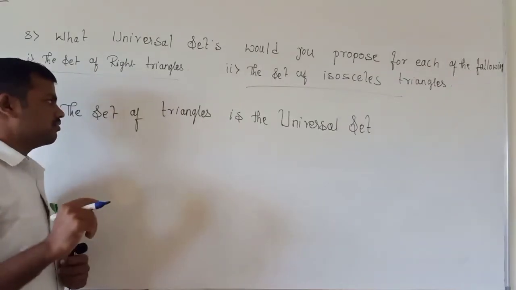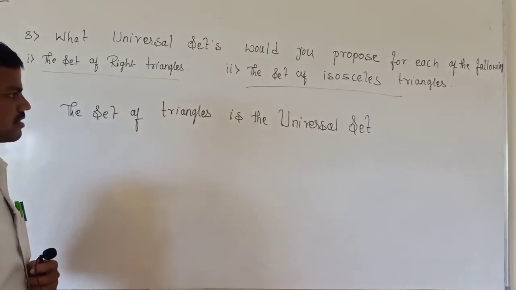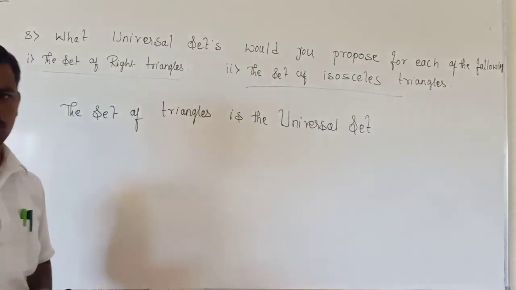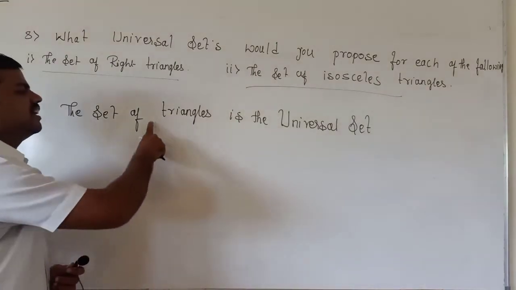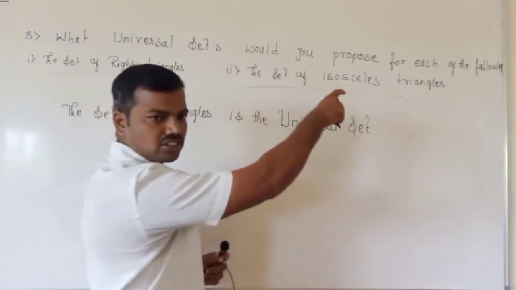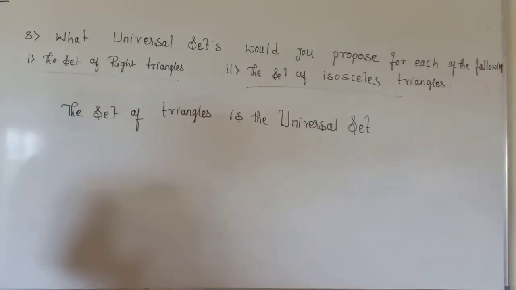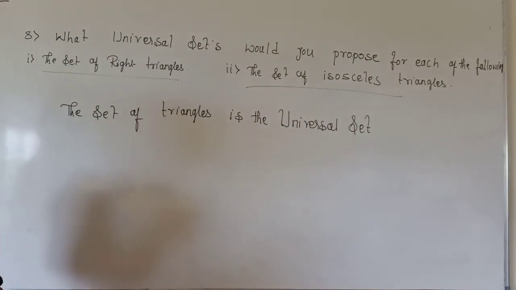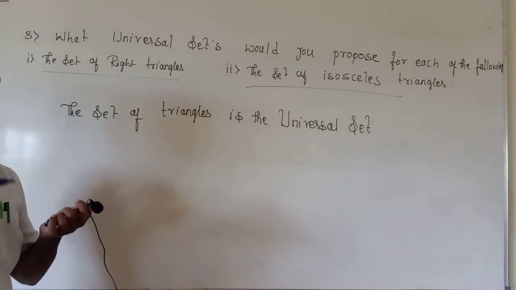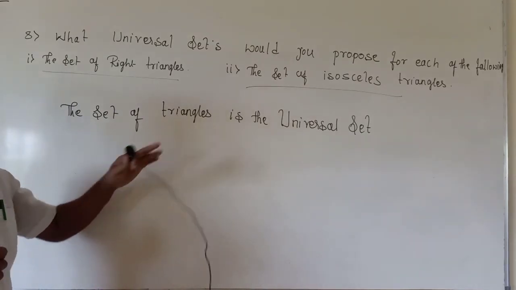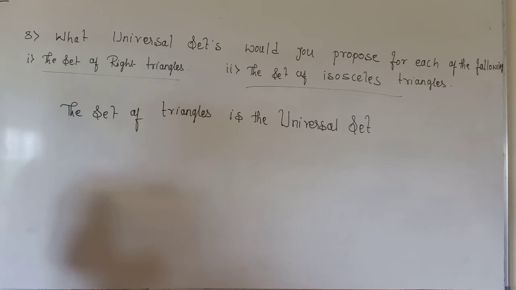Why? Because in the triangles we get right angle triangles, isosceles triangles, acute angle triangles, obtuse angle triangles, scalene triangles, and equilateral triangles also. We get all triangles in the set of triangles, so it is the universal set for the given two examples.